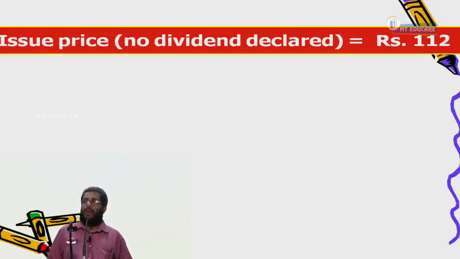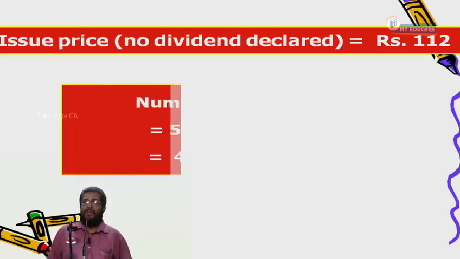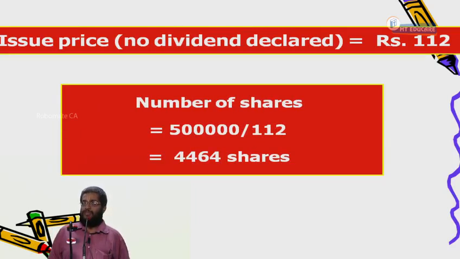Now that share is worth 112 because it is having that surplus cash also in its hand, or not. So issue price when no dividend is declared, 112. Number of shares is equal to 5 lakhs by 112, which is 4,464 shares.